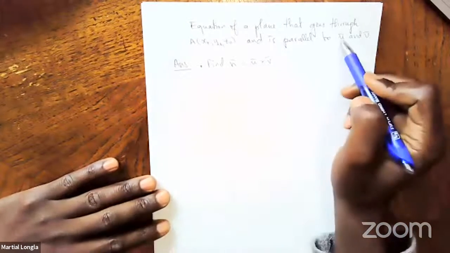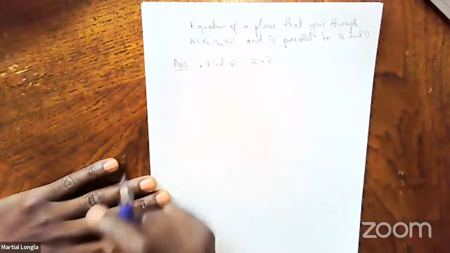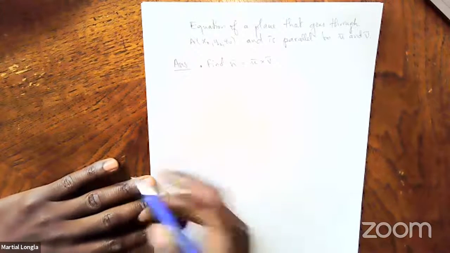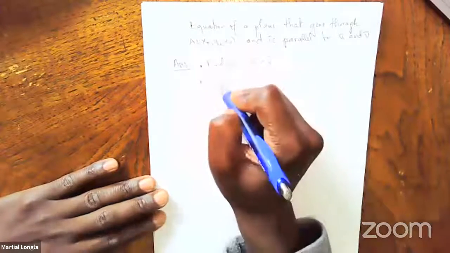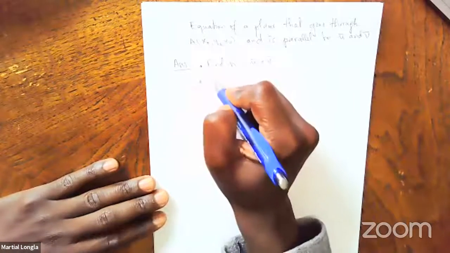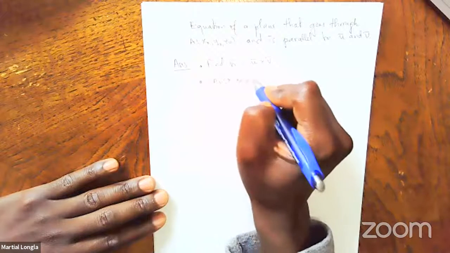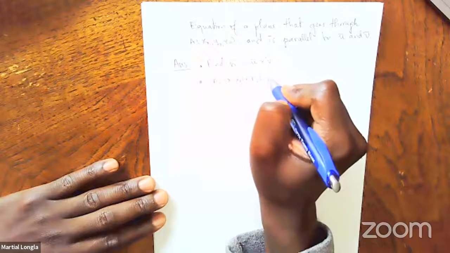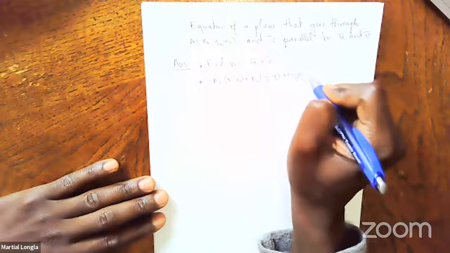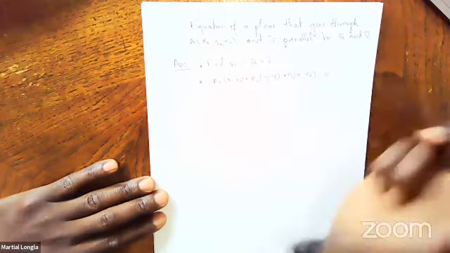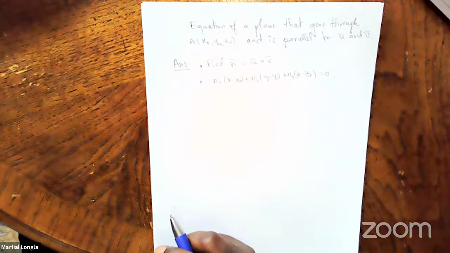And this vector is orthogonal to u and it's orthogonal to v, and therefore it is the normal vector of the plane. And therefore, on the second step, after finding n, you do the thing we did on the previous page, n1 (x minus x0) plus n2 (y minus y0) plus n3 (z minus z0) equals 0. That's how you will find the Cartesian equation of the plane in this case.